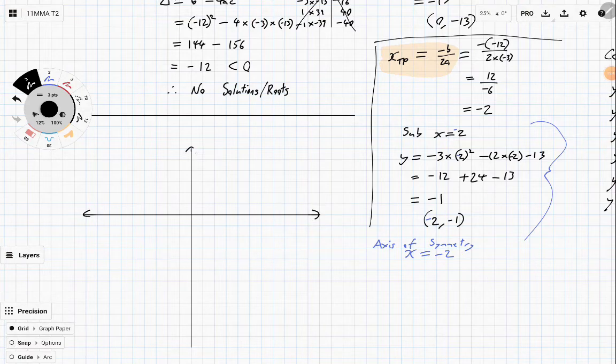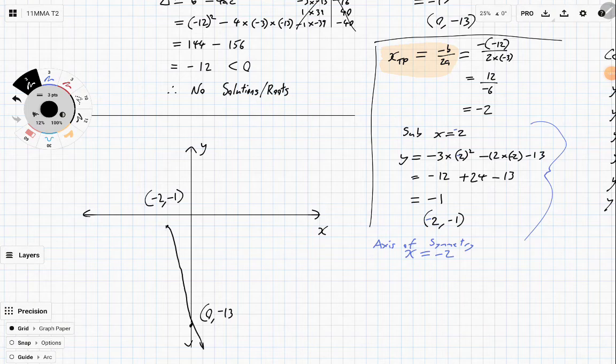And it's got its one usual y-intercept, so the y-intercept is going to be negative 13. And the turning point is going to be at (-2, -1). And we can see that then the shape is going to be something like this.